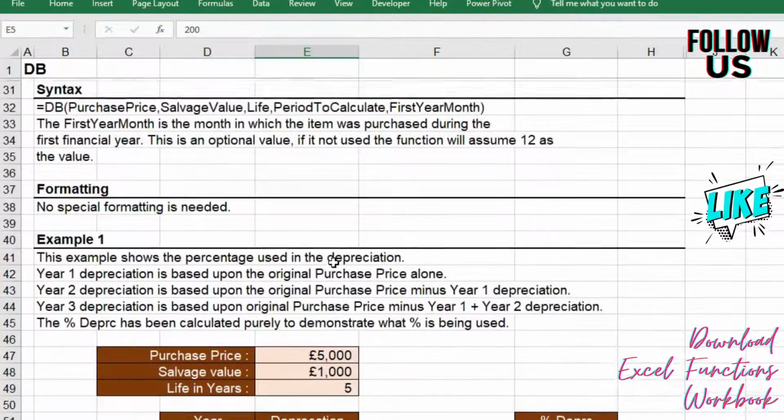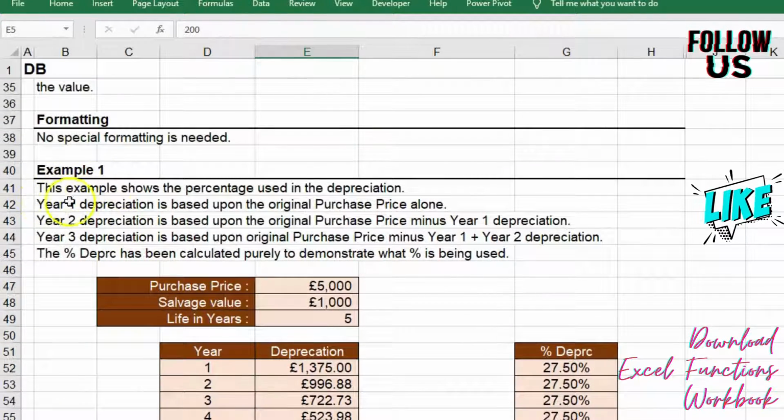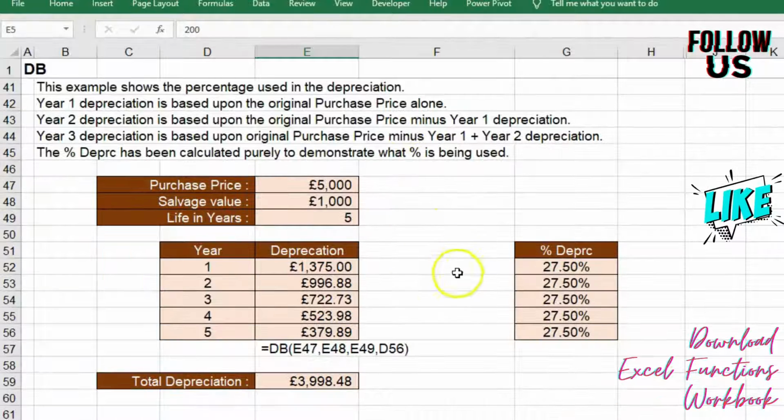Alright, let's take some examples. Example 1 shows the percentage used in the depreciation. Year 1 depreciation is based upon the original purchase price alone. Year 2 depreciation is based upon the original purchase price minus year 1 depreciation. Year 3 depreciation is based upon the original purchase price minus year 1 and 2 depreciation, and it continues like that.